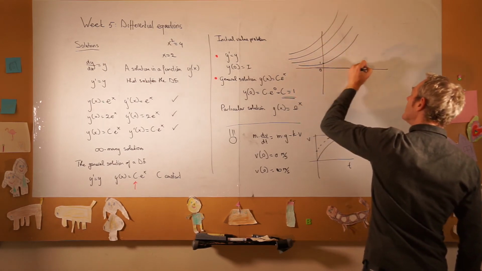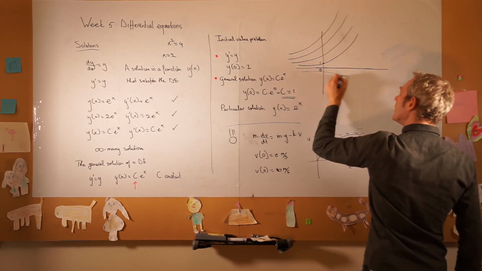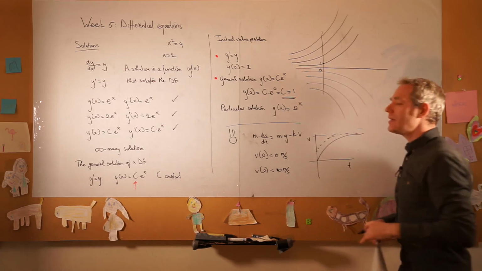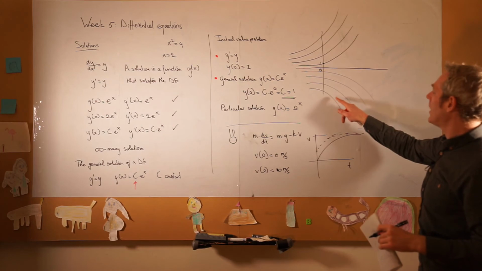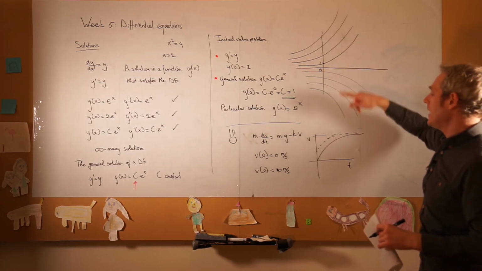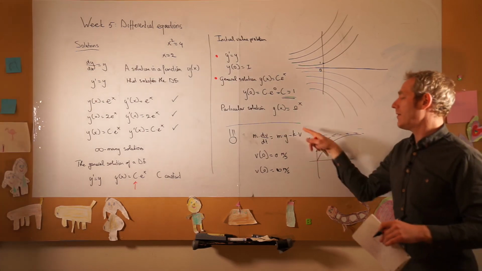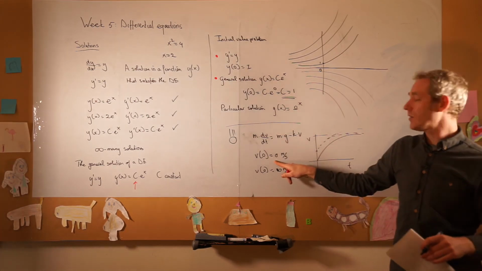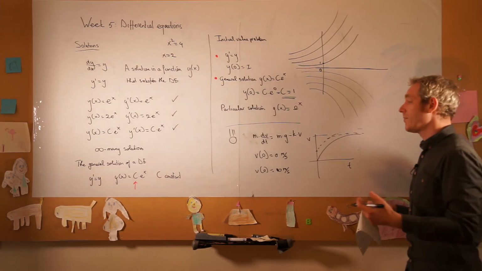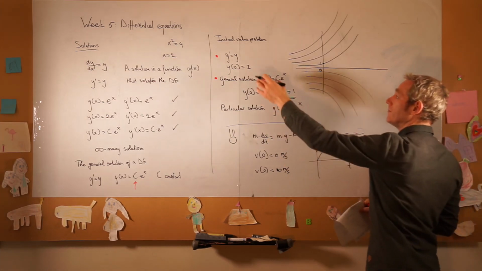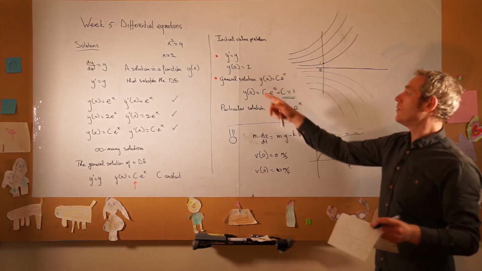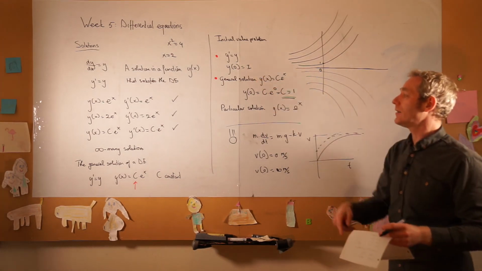If c is 0, we get a very boring solution. So for every initial value, we'll have a different solution, for negative values of c and for positive values of c. And for the same problem we have here, for different values of the initial condition, we'll have a different trajectory, a different velocity.